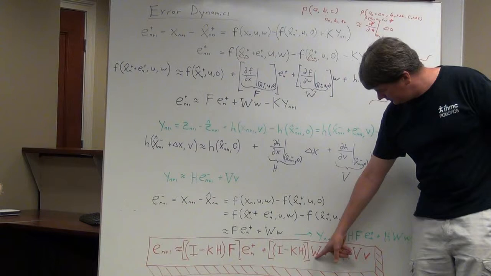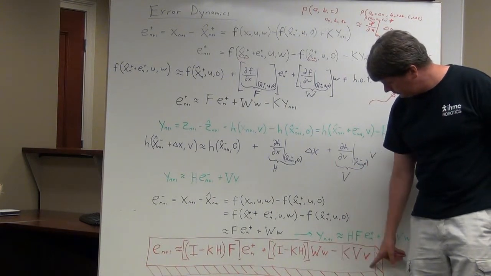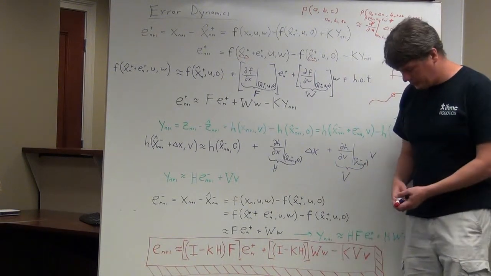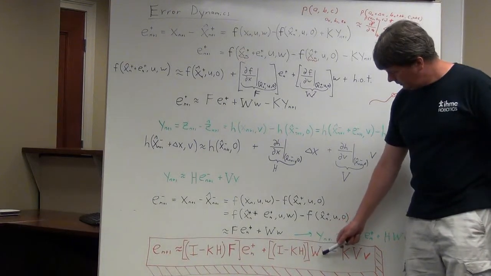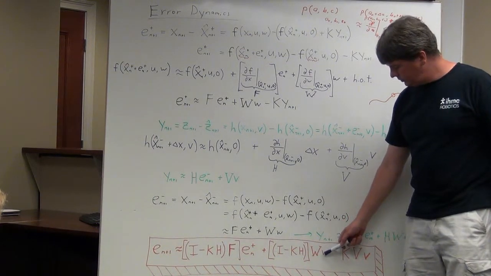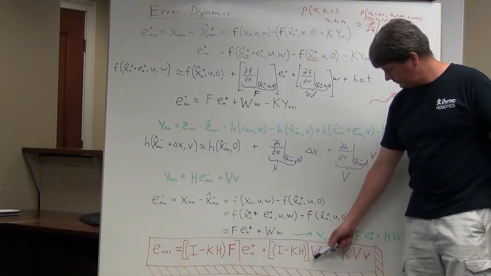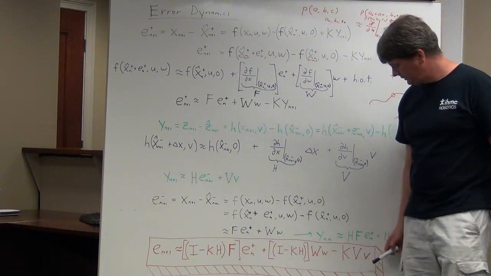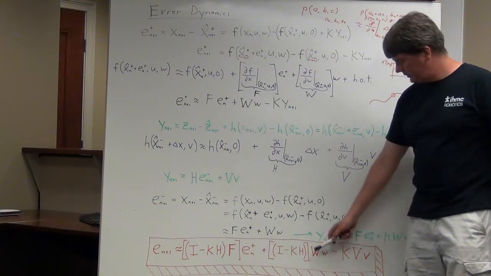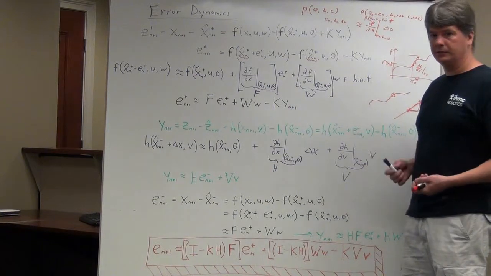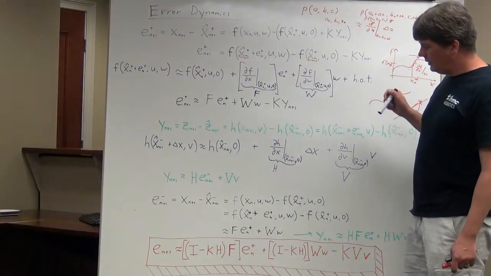We didn't have the big W and the big V, we just had the little w and the little v. But what you can just do is define some new noise terms that are just this matrix times that or that matrix times that, and figure out what the covariances are for those, and then everything else holds the same.